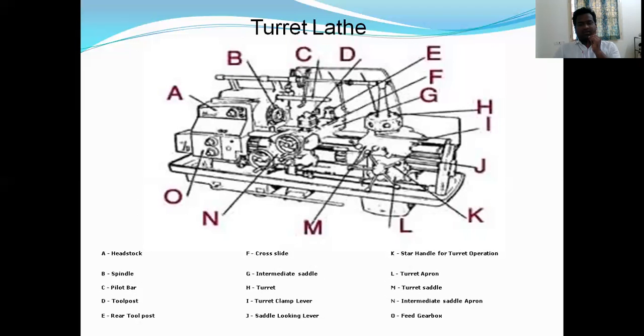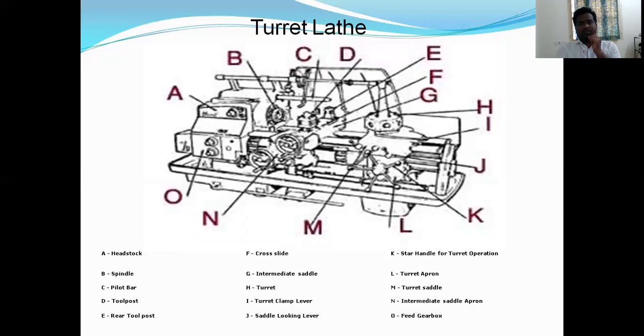The important thing to observe here is K, the star handle for turret operation. If we engage a particular tool, we have to operate that star handle, and the turret clamp lever I should be engaged by that lever. J is the saddle locking lever, and H is the turret.